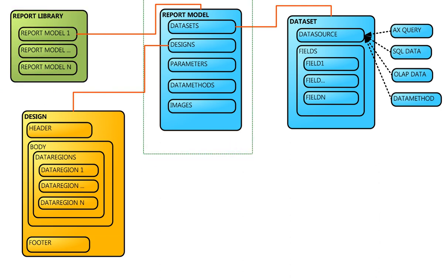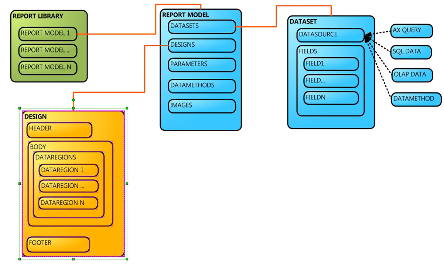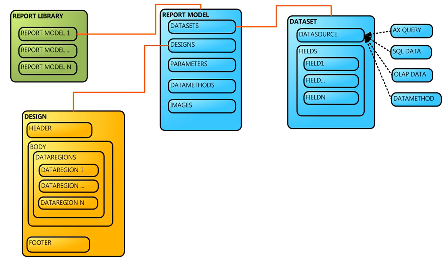Is it a report model? Is it a data set? Is it a design? Well, the answer is it is a design. Every design here, if you have one design, will create essentially an RDL file. If you have two designs, it'll be two. Now that you know that, let's talk about the different kinds of designs.